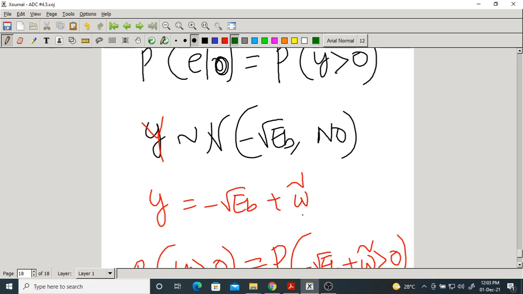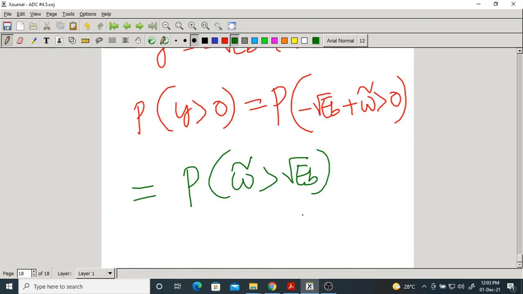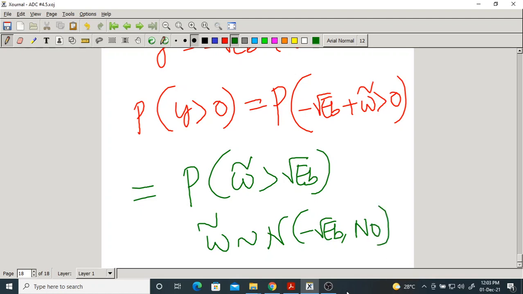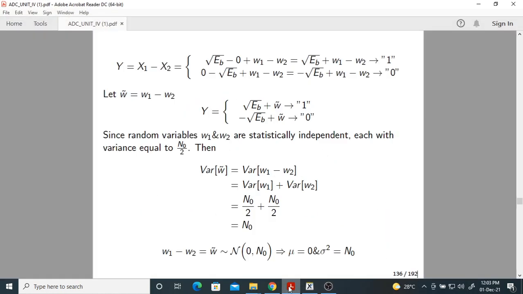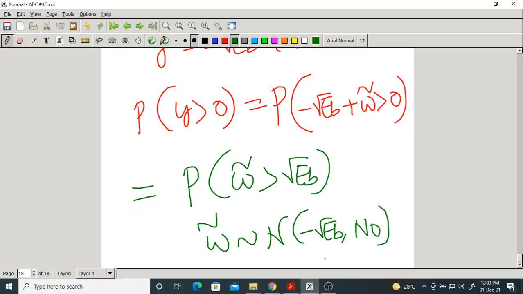I told you what w tilde's mean and variance are. W tilde is a Gaussian random variable with mean, sorry, here I made a mistake, the mean is 0, with variance N naught.